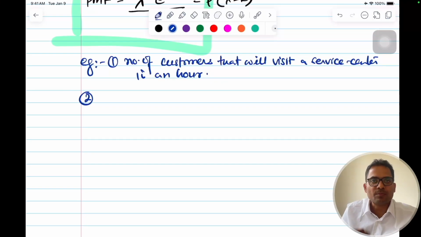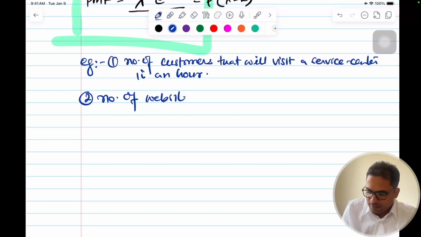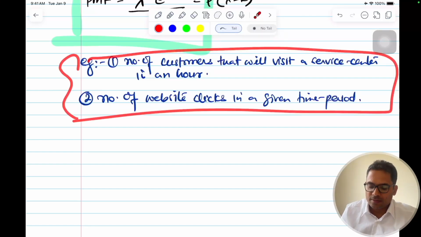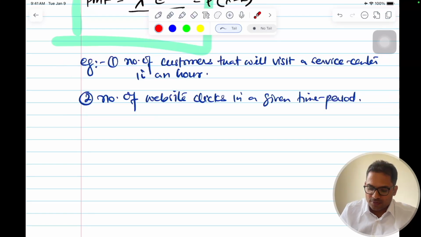For example, if we know that on average there are lambda clicks happening on a website, then we want to find the probability of k clicks in an hour. It's a similar problem. To model such things, the number of website clicks in a given time period, we can use Poisson process.